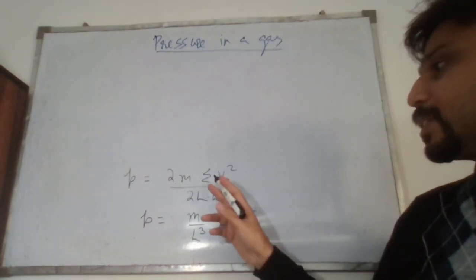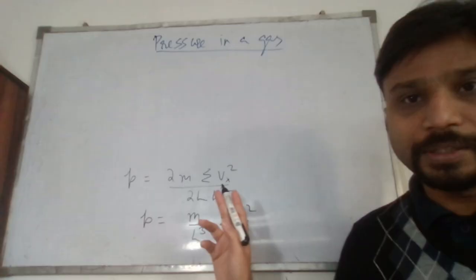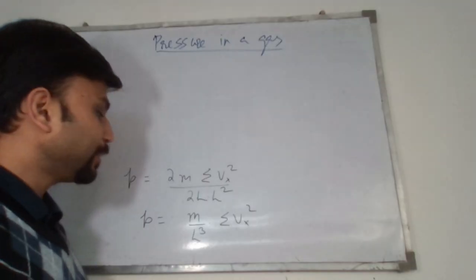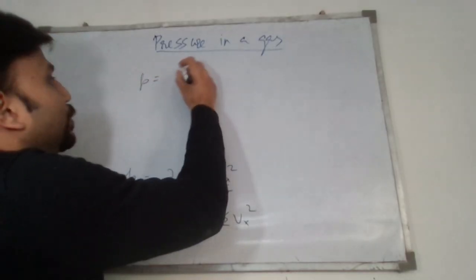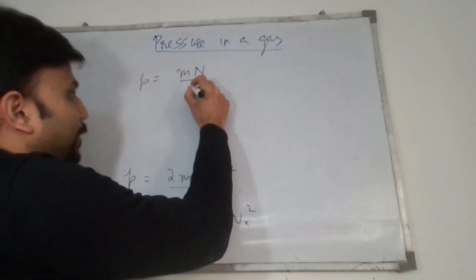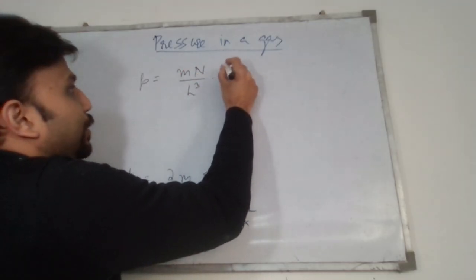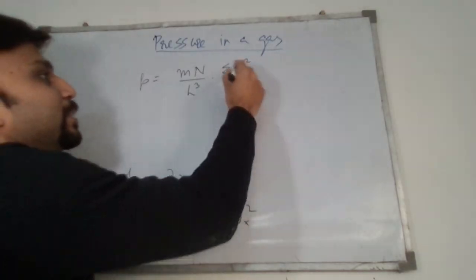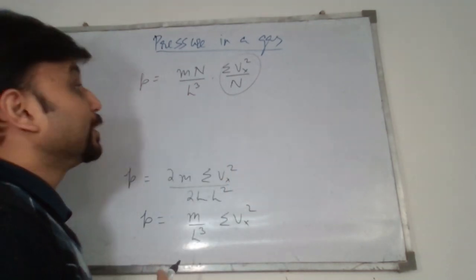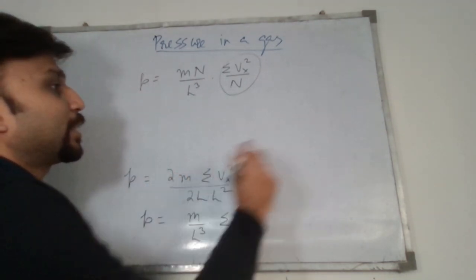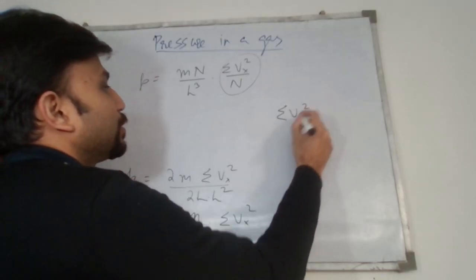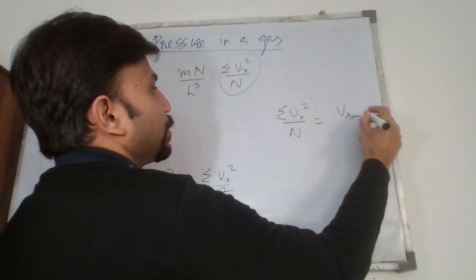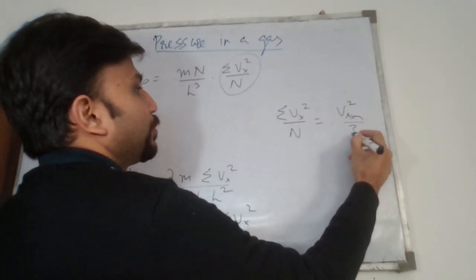This summation sign we basically introduced one step earlier than it should have been, but this expression is fine. Now we'll say that this pressure P is equal to m into n divided by L cube into summation Vx square divided by n. And this expression, summation Vx square by n, we have already calculated. Its value was Vrms square by 3.